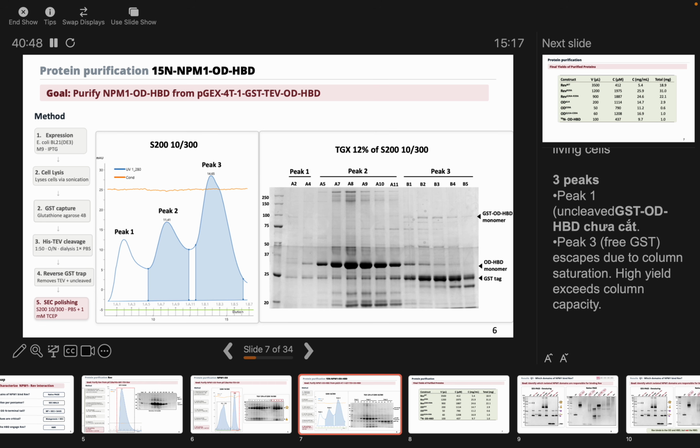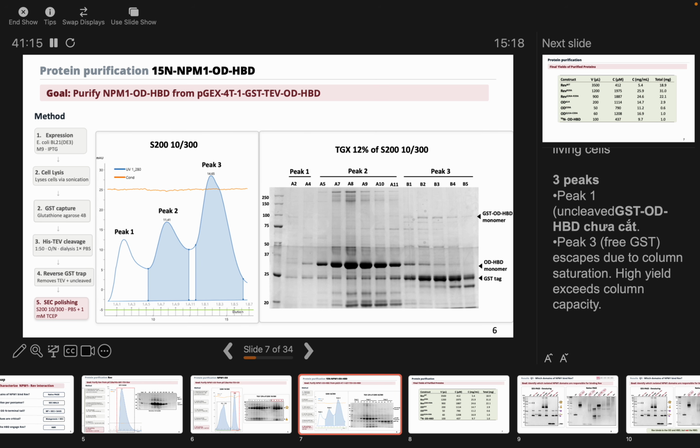And again, how can you explain that the intensity on the SEC of peak 3 is much higher than peak 2, and on the gel you see the opposite? The amount of protein in peak 2 seems to be higher than in peak 3.